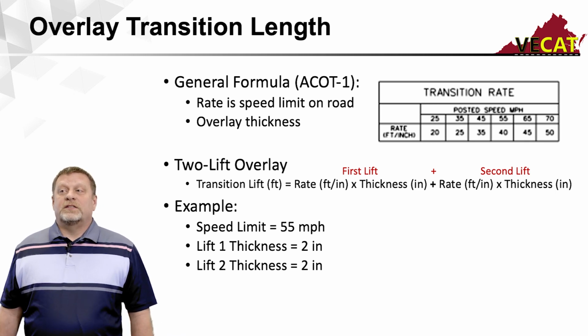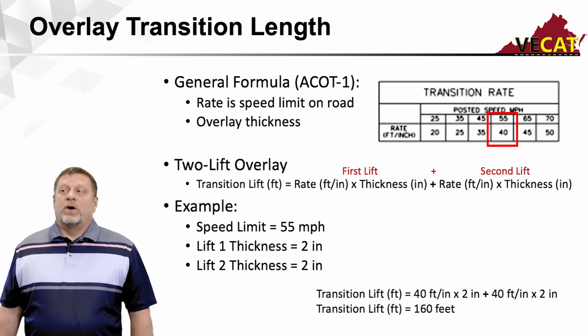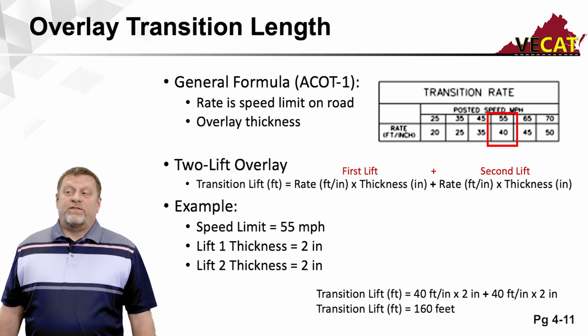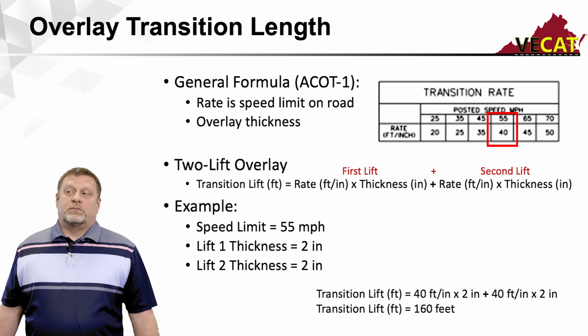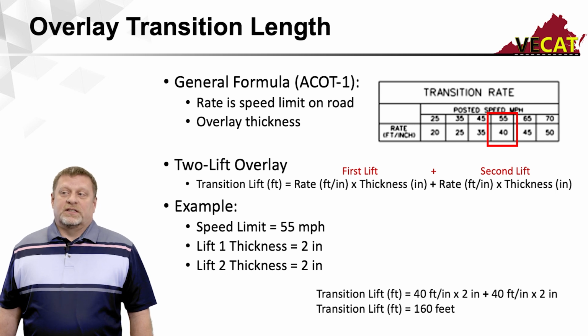So when we work out this particular equation, we'll realize that the 55 miles per hour tells us our transition length is 40 feet per inch, and it's 2 inches thick. All right, we work this out, when we add the two together, we'll find out that our total transition distance would be 160 feet in this case. You see how this works out? As we added the first lift and second lift together, which have been 80 plus 80, will give us 160 feet.